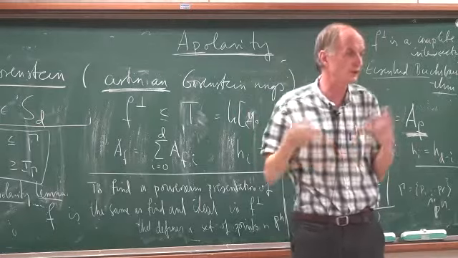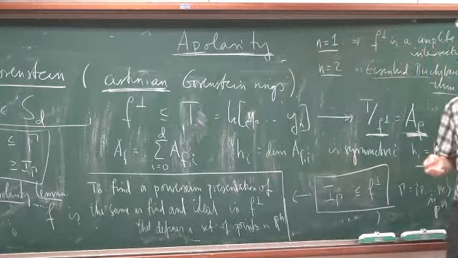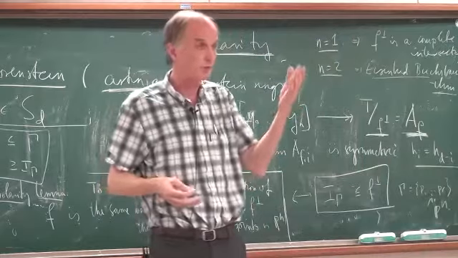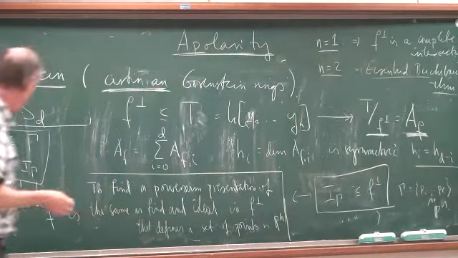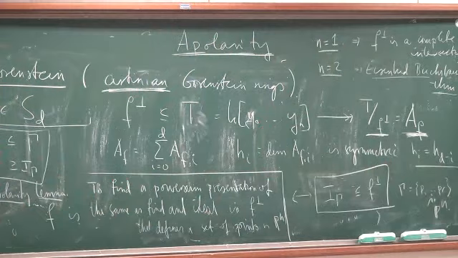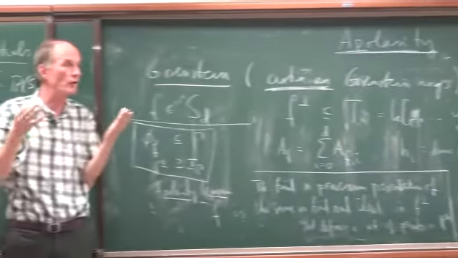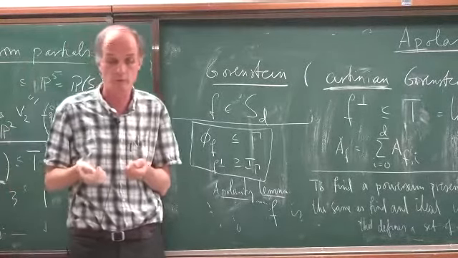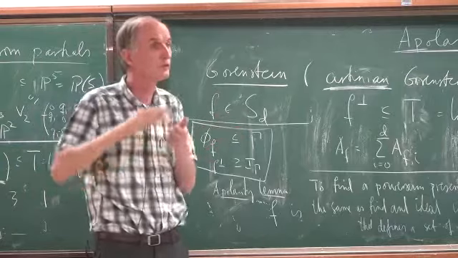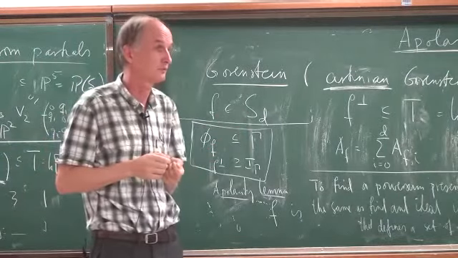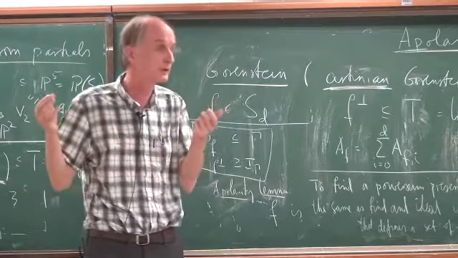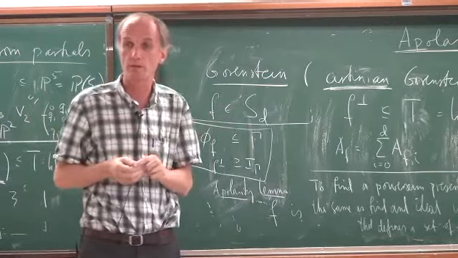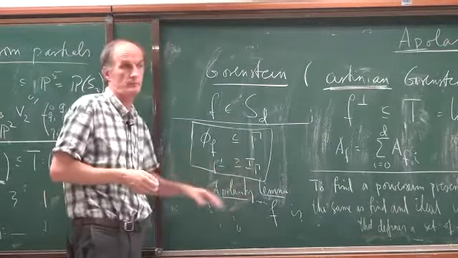And so more generally, apolarity can be defined by saying whatever is apolar to, so this kind of inverse inclusion, where you build up. If you have a curve, you can ask, of course, what are the hypersurfaces containing this curve? What's more interesting in this perspective is what are the surfaces containing this curve? If you have a curve in big Pn, what are the surfaces containing this curve? That's the kind of apolarity question.